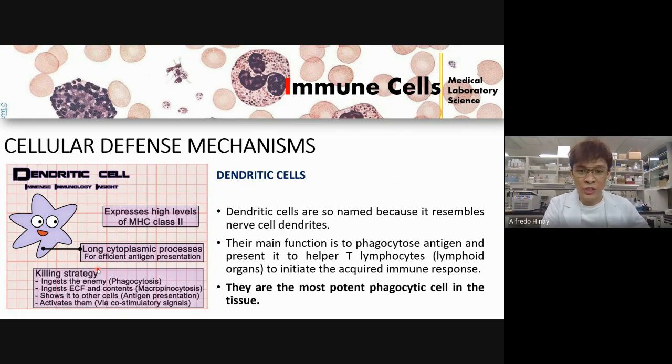So their main function is, of course, phagocytosis, and also APC, meaning, class, antigen-presenting cell, they will present it to your helper T lymphocytes, right, to initiate the acquired immune response, which is the adaptive arm of your immunity. They are the most potent phagocytic cell in the tissue. Okay, take note of that one. Because you have your dendritic cells, number 1. Number 2, macrophage. Number 3, you have your B cells.